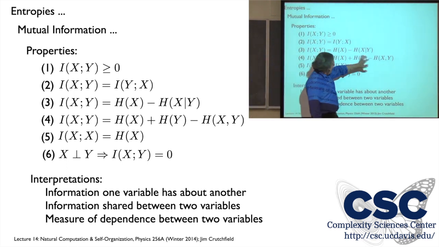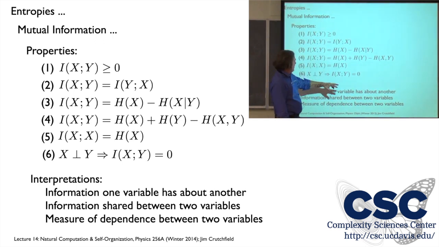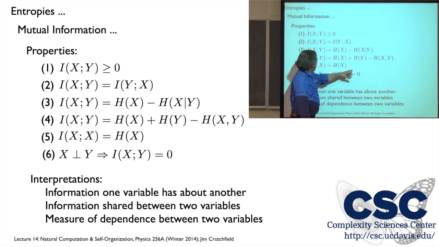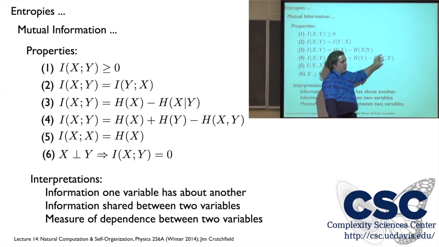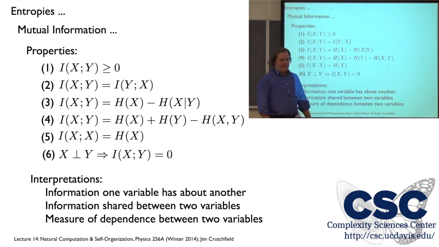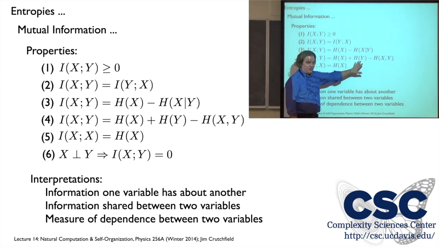This term here is the uncertainty in x left over once I know y, and I subtract that out of the information that's in x. So that's the shared thing. There's a symmetric version of this: I could have had y here, and then y given x. A number of different ways to express this, such as the sum of the marginals minus the joint. And if you ponder these, it's a nice exercise in contemplation to go through these expressions and try to make sense of the different identities.